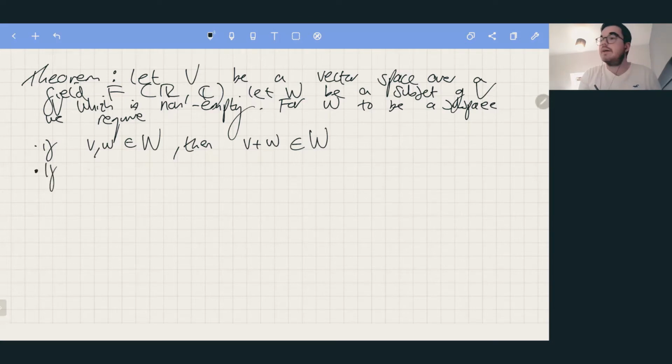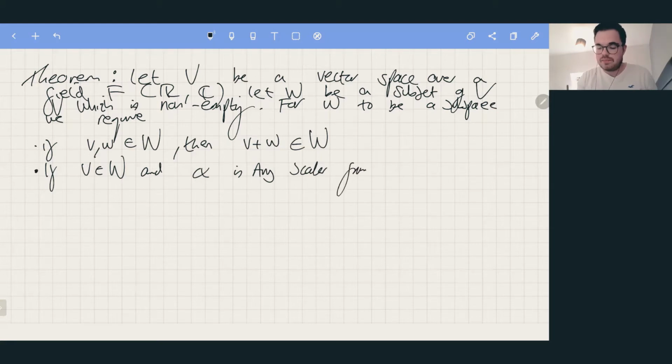Also, if V is in W and alpha is any scalar from the field F, then if we take our vector V and multiply it by alpha, we must also stay in W. So multiplying a vector by some number must stay in the subset W of V. If it leaves W and is not a member of W, then we are not closed under scalar multiplication, and hence we don't have a subspace.